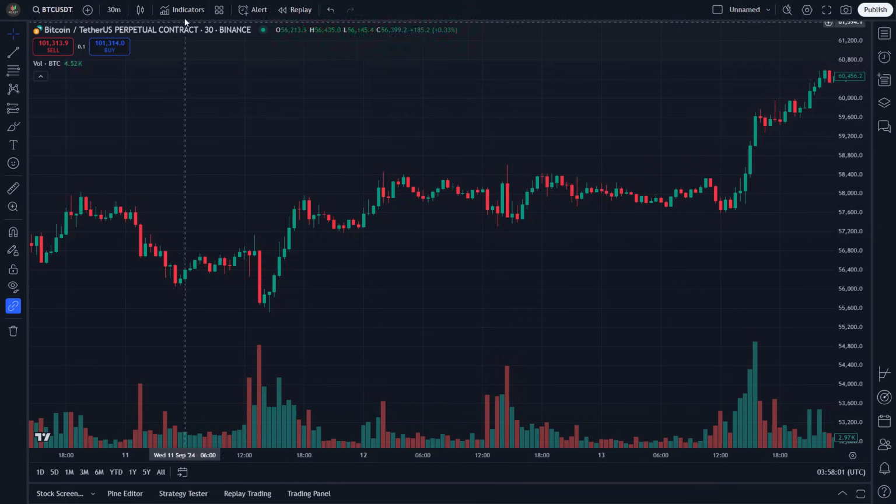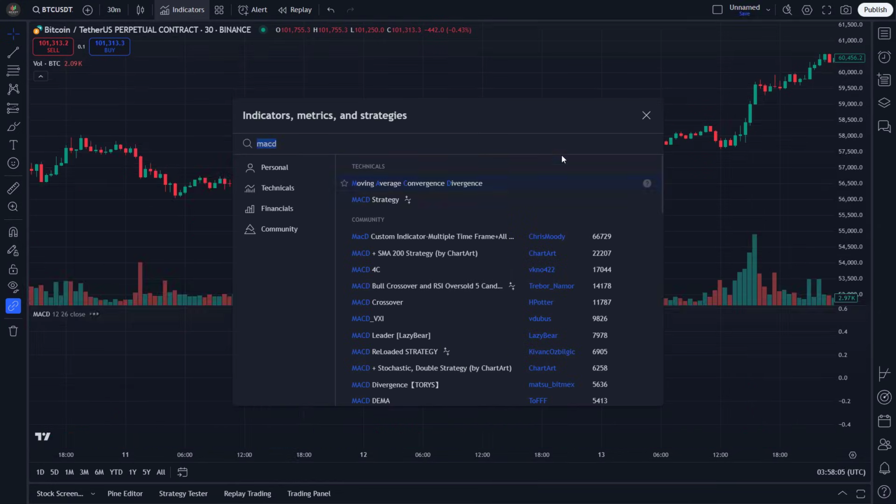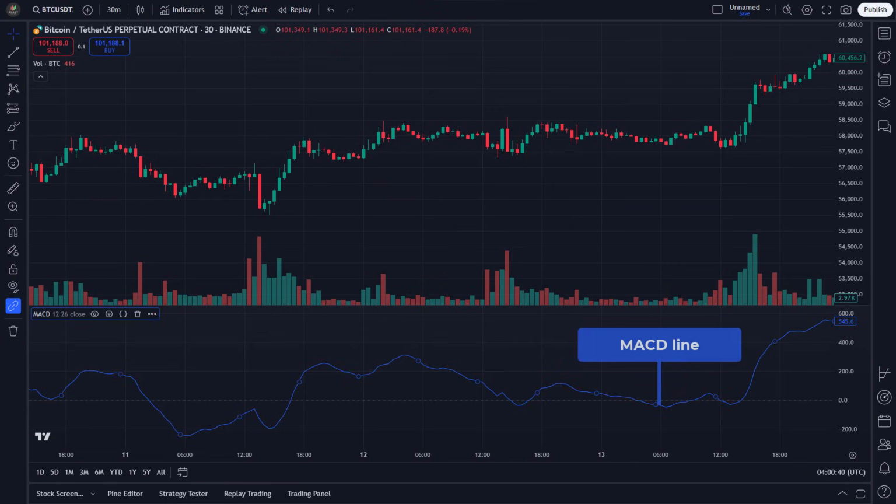1. MACD, Moving Average Convergence Divergence. The MACD is a popular momentum indicator that helps us track price trends and momentum shifts. It's calculated by subtracting the 26-period exponential moving average, EMA, from the 12-period EMA. The result is the MACD line.